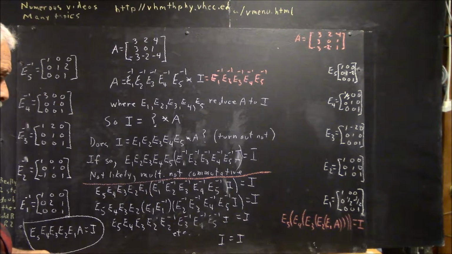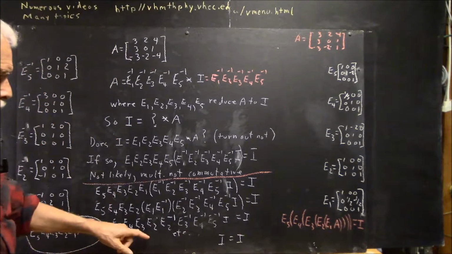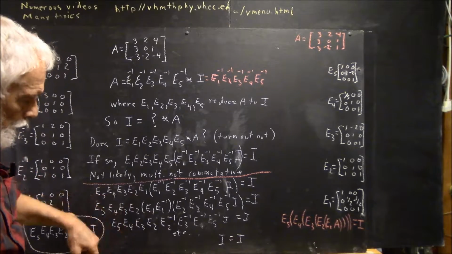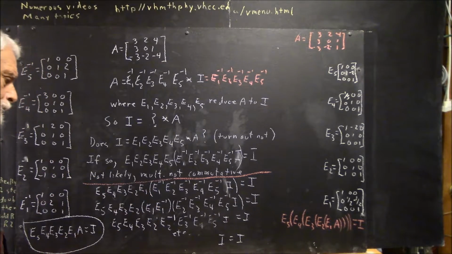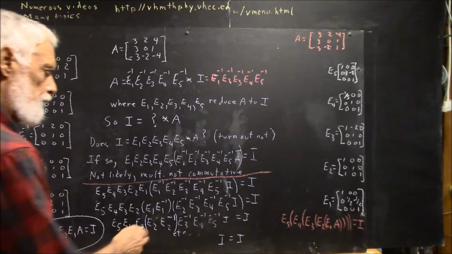Okay, then we have, let me get a white chalk here, because I've got a little smudge there. Now we have E2 times E2 inverse, and that's not a symbol or anything, that's a smudge on the board. So we could group those. That's going to give us the identity.